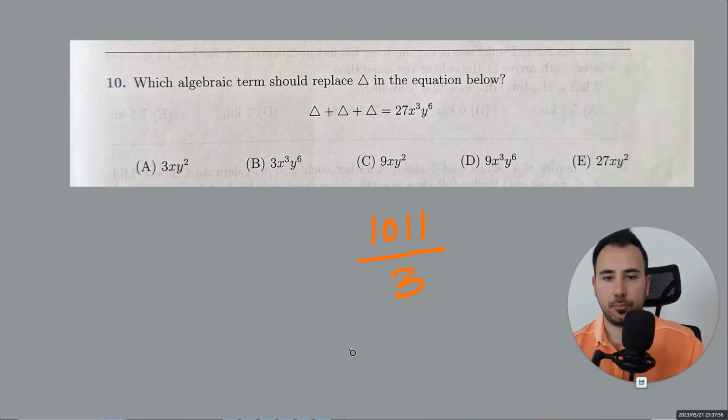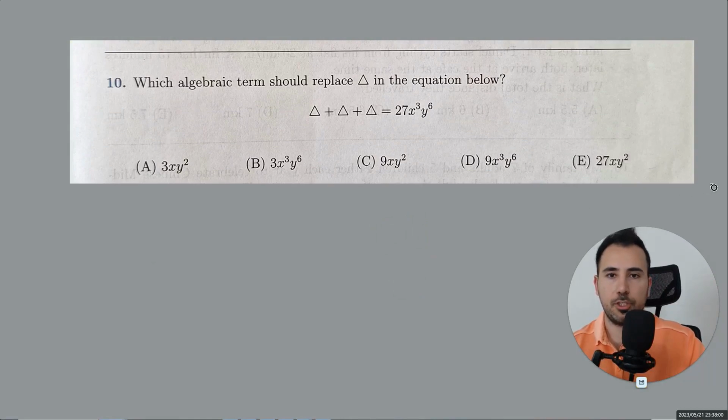Now, which term should replace the triangle in this equation? Okay, very easy, right? So we have 3 of this. Okay, so we're going to have 3 triangles equals 27 x cubed y to the 6th power.